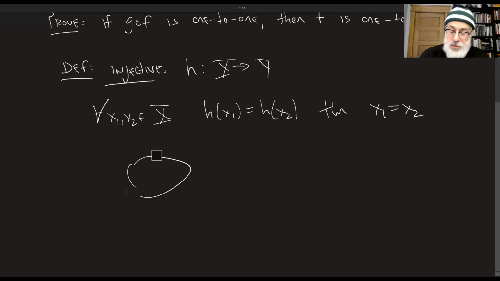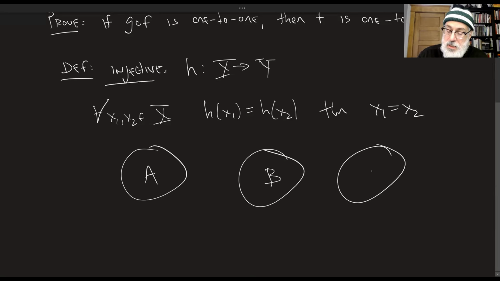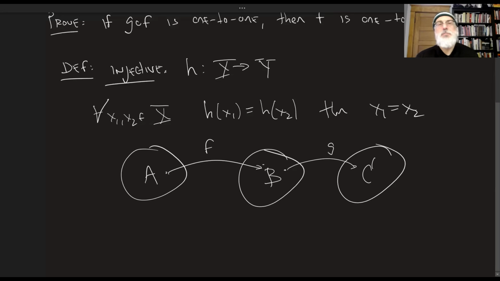And let's look real quick at what these mappings do. So I have a set here A, a set here B, and a set here C. F takes elements in A and puts them in B. G takes elements in B and puts them in C. So the composition takes elements in A and puts them in C. That's what the composition does.